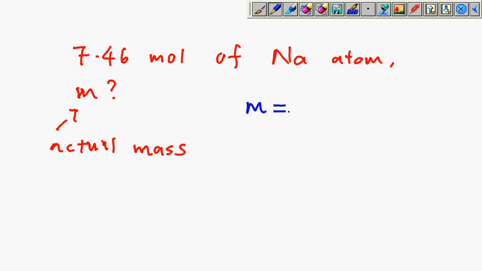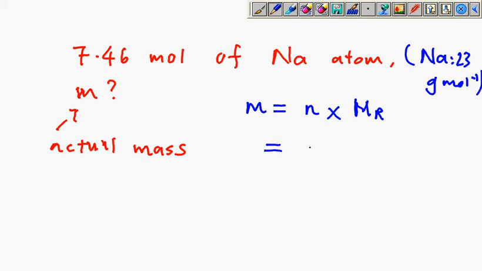So that would be m equals number of mole times molar mass. Given the molar mass of sodium is 23 gram per mole, what we do is we put 7.46 mole times 23 gram per mole.